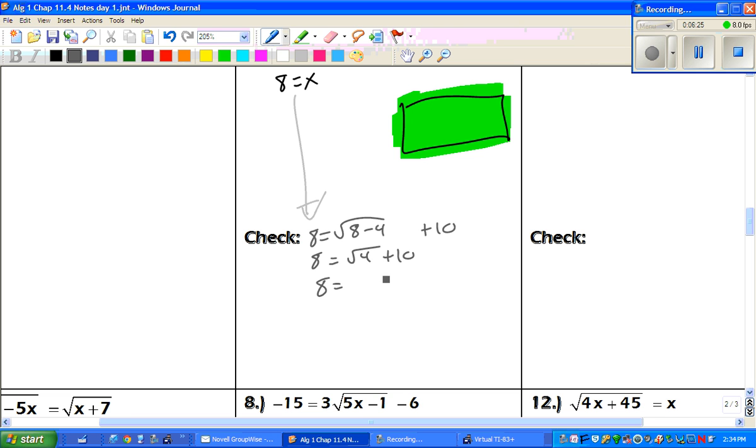The square root of 4 is 2. And 2 plus 10, 12. Okay? That does not equal, we're sad, because our answer is NRS, so it's no real solution. Okay?